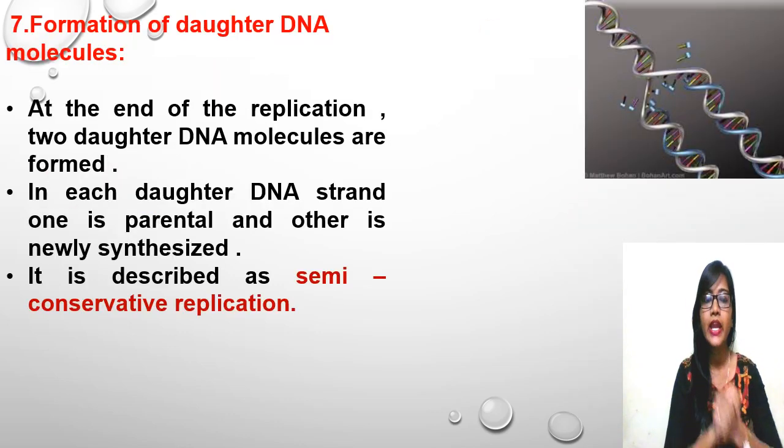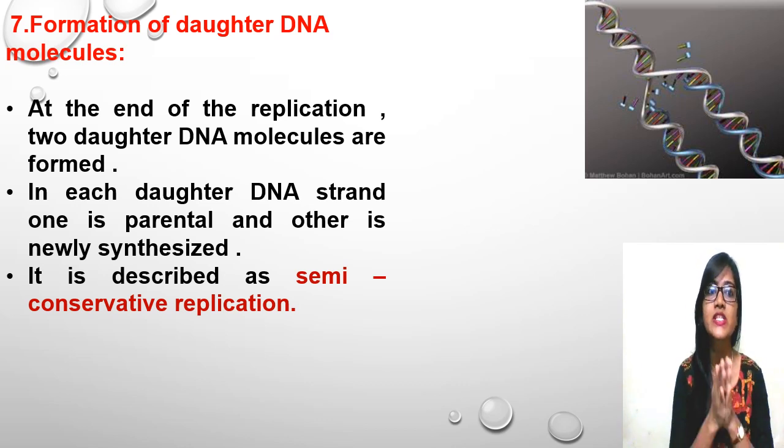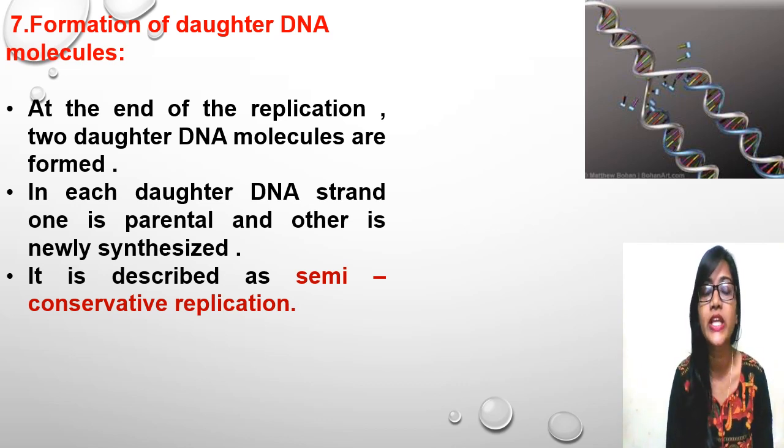So this is the end of the replication process. This is the last step of DNA replication, the formation of daughter DNA molecules. You can observe in this diagram, this is double-stranded DNA. These are activated nucleotides, and they are getting added. One is the leading strand, another is the lagging strand.